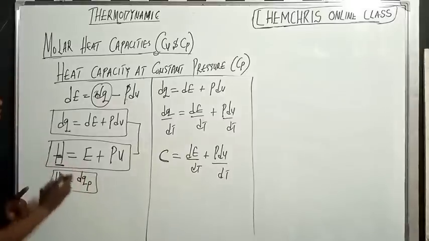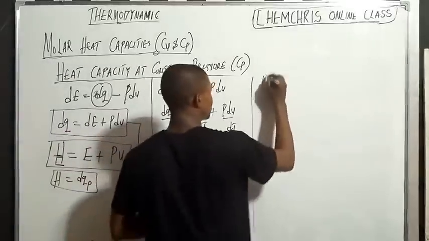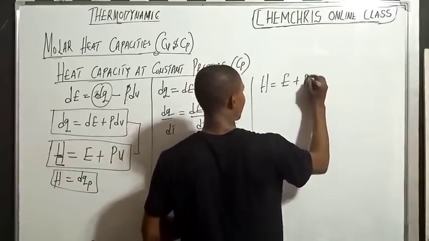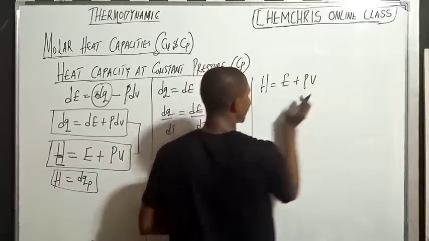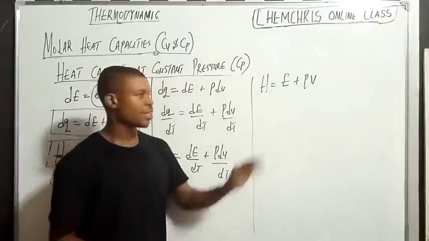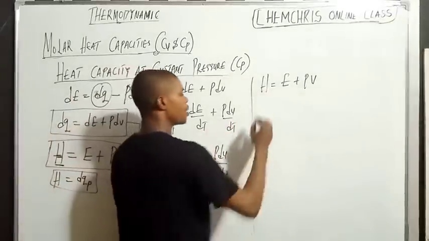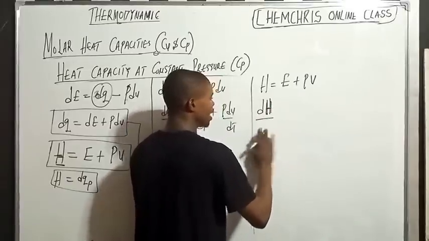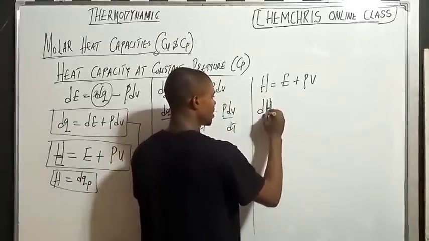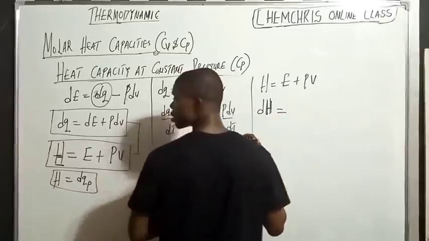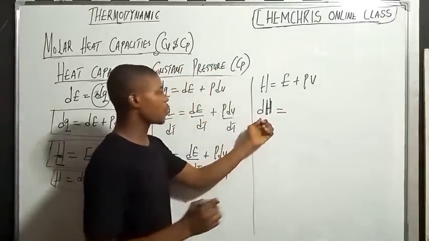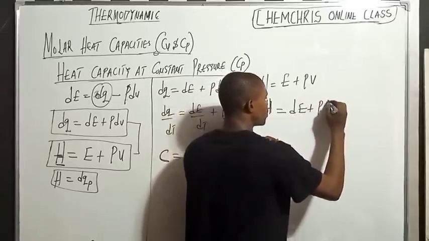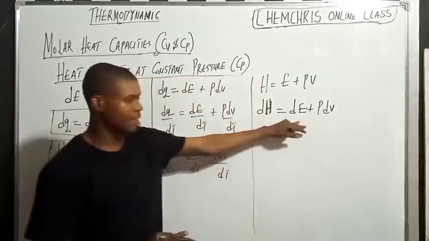Now let's bring out this other one. H equals E plus PV. Now let's introduce our changes. If you introduce our changes here, we are going to change the enthalpy. Change in enthalpy is equal to change in internal energy plus P change in volume. Very important here.